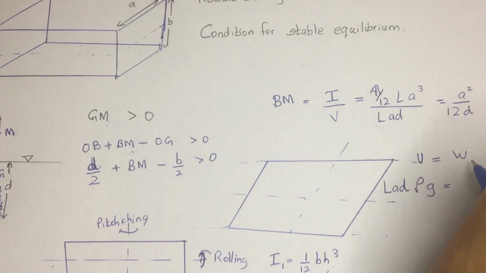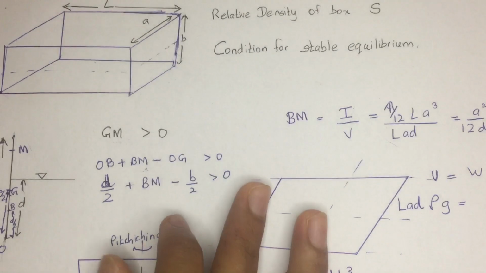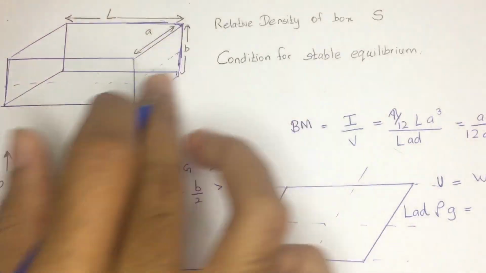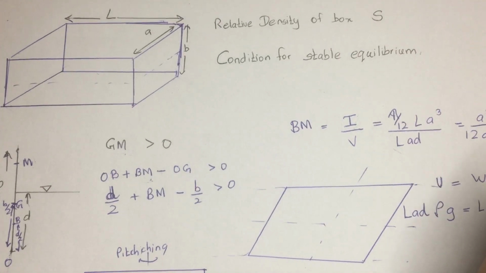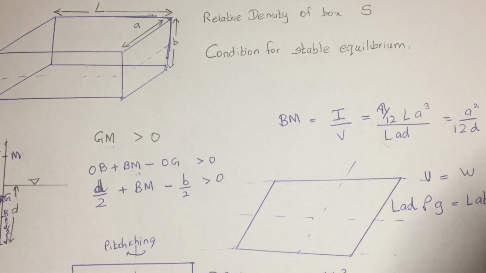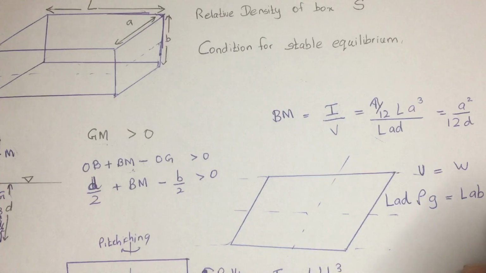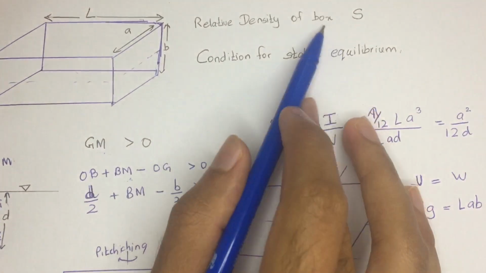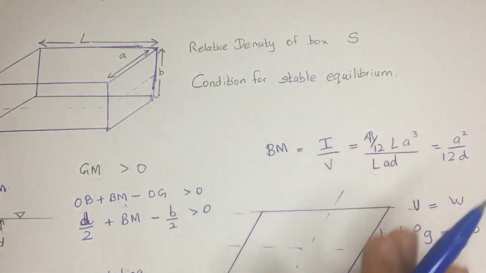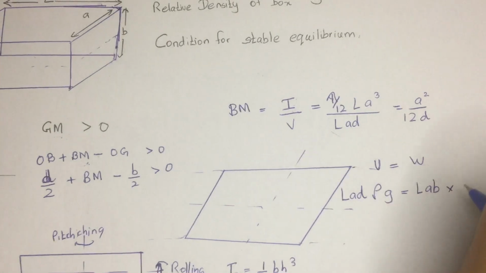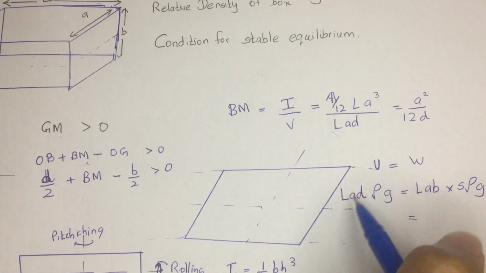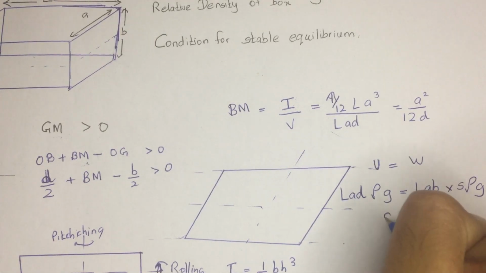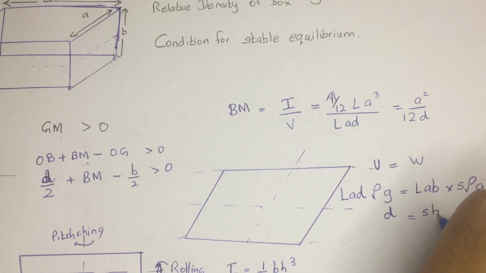Likewise, when you are considering the weight of this total cube, you can directly tell the total volume of this part is going to be A into L into B, L A into B, into the density of that. Actually we knew the relative density of that, it's going to be S, so you can directly use S into rho into G. So if you simplify that, LA would be cancelled, and you are going to get D is equal to SB.